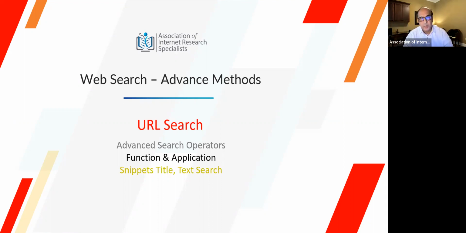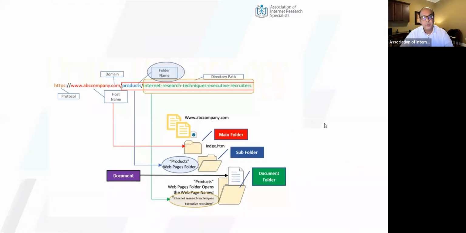So everything that moves with your intent of finding something on the internet will have to depend on how the URLs are structured. So let's look at the formation of a URL.